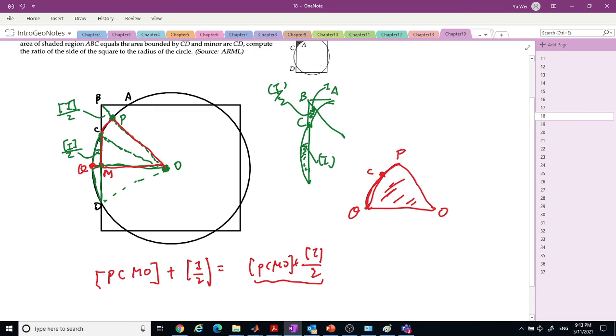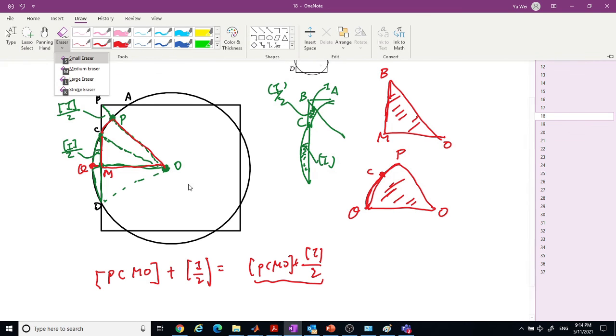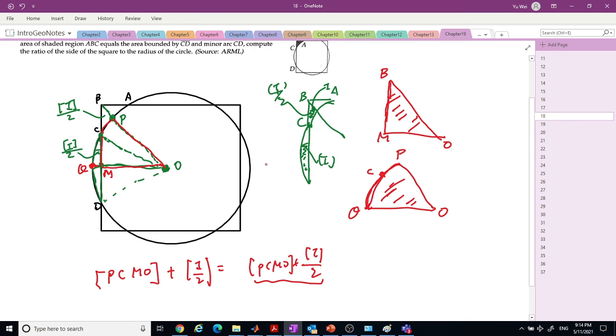And the other part of PCMO is this, so you get a triangle OMB. Basically you can convert this into two equal areas, right? So these two are equal.